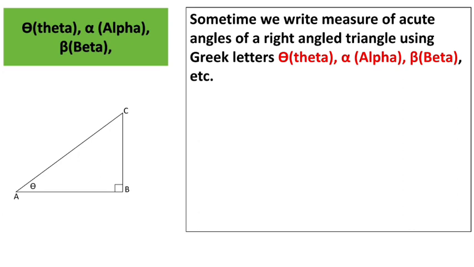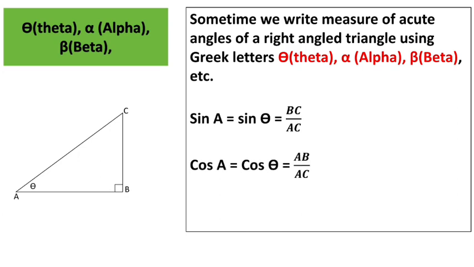Angle A is given the name theta; that symbol is called theta. Sin A means sin theta, so we have to take opposite upon hypotenuse. As per angle A, opposite is BC and hypotenuse is AC.